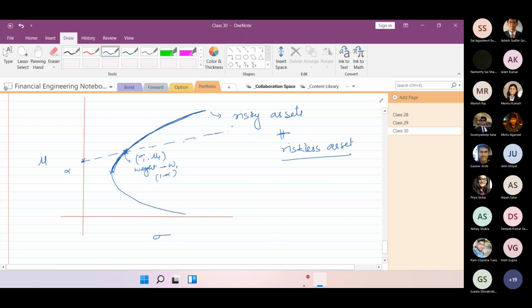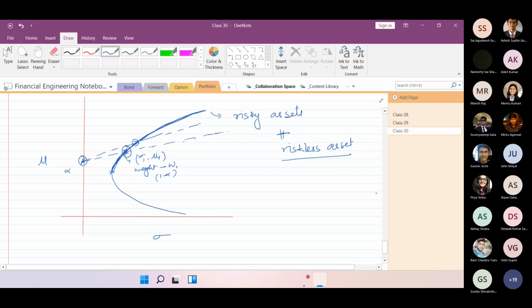So now, let's say I am choosing n risky assets and one riskless asset, and I can draw a line and say this would be my return line, depending upon the different return and risk we are trying to find. Now this line could also be like this, if I choose this point.